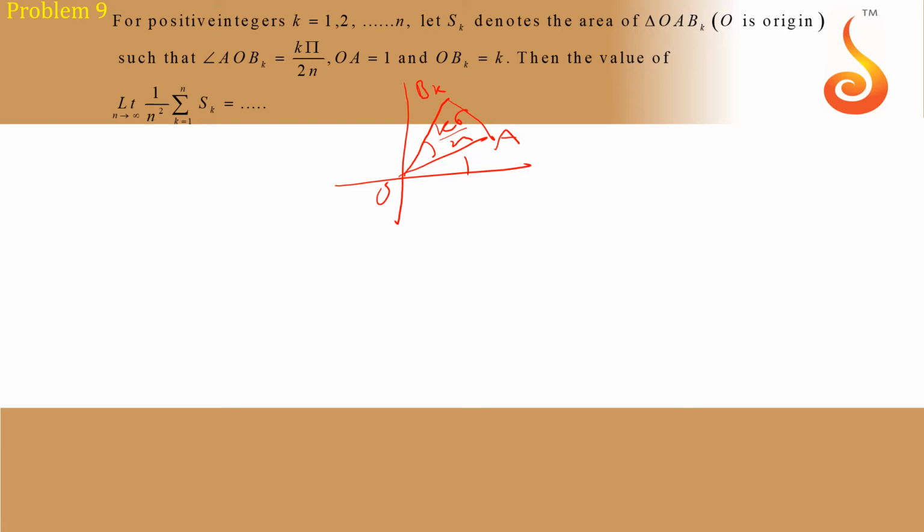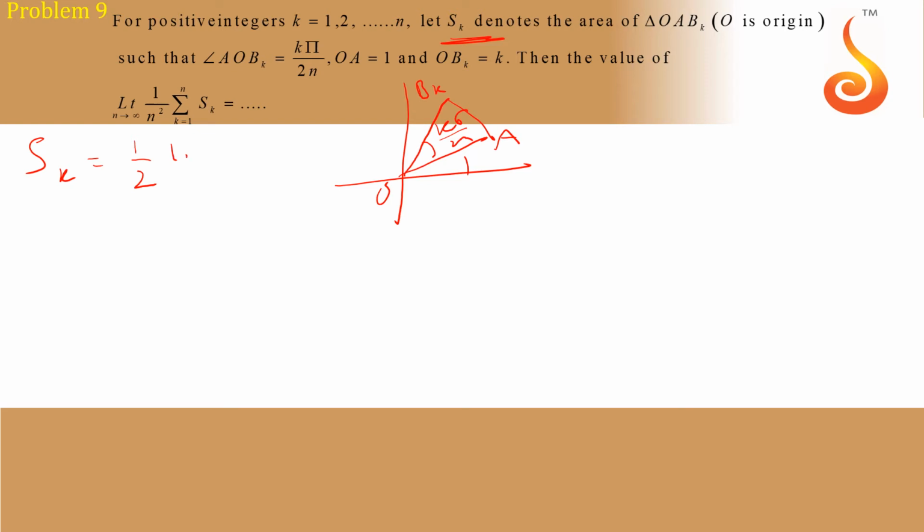Then what is the area? So if delta k is the area according to the B1, B2, B3, suppose if I take delta k as the area, let S_k, already S_k is given, no? Let us use S symbol only. So let that S_k equal to half OA, which is 1.